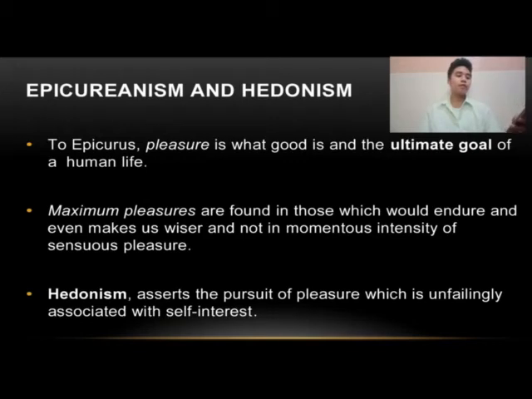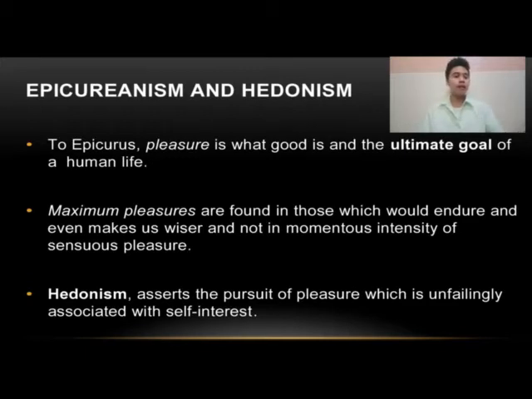Maximum pleasures are found in those which endure and even make us wiser, not in the momentary intensity of sensuous pleasures. So the main difference between Epicureanism and hedonism is that in Epicureanism, what they define as happiness is something that makes us improve, or something that makes us wiser as a whole, and not such material things as instantaneous sensuous pleasures in life.